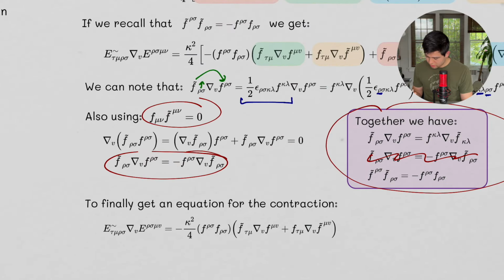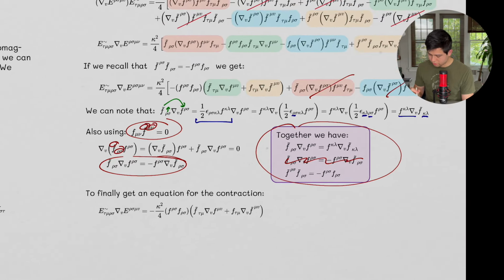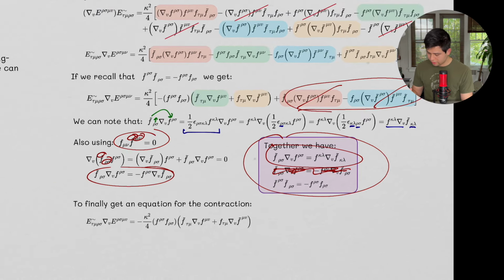Because this is the dual on the upper index. This is dual on lower index. So this might not actually be 0. So we'll forget about this for right now. All we really need is this term, because it tells us that this is going to go to 0. Okay, and we're left off with just this part here.